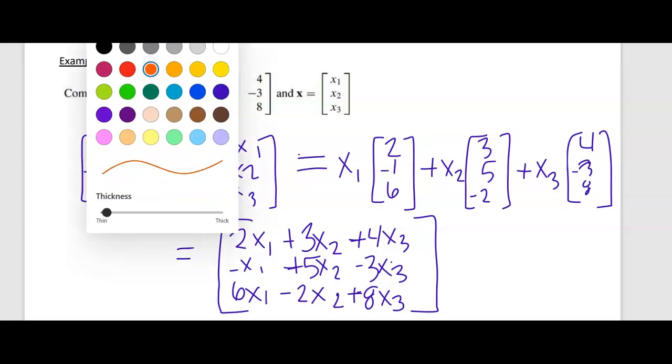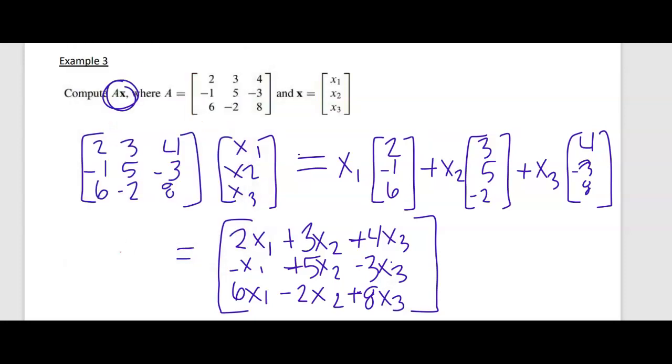Couple connections to make with you here. I'm going to change this like light purple. I could have kind of cut out this middleman here and done first row times my column vector, and notice it would have given me my first row here. This is a 3 by 3 matrix. I'm multiplying it by a 3 by 1, and so my resulting matrix needs to be a 3 by 1.